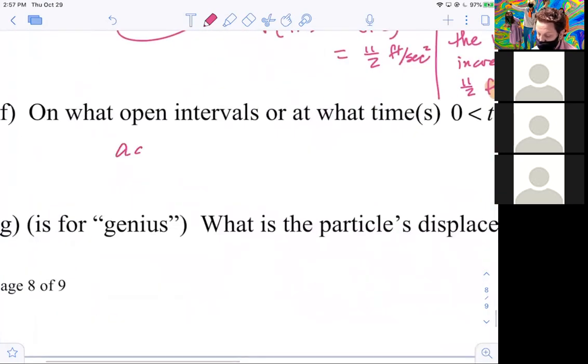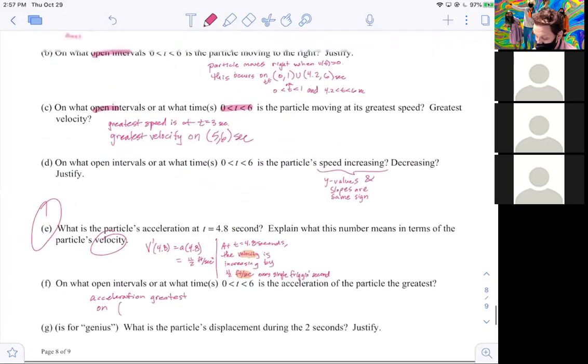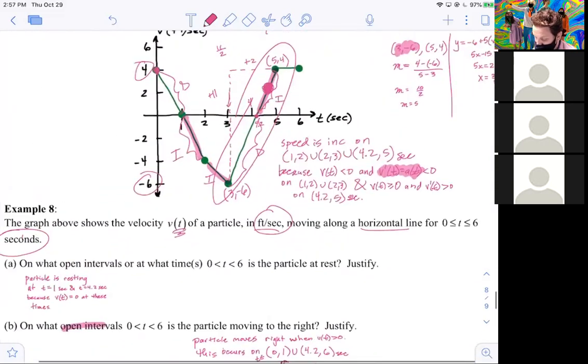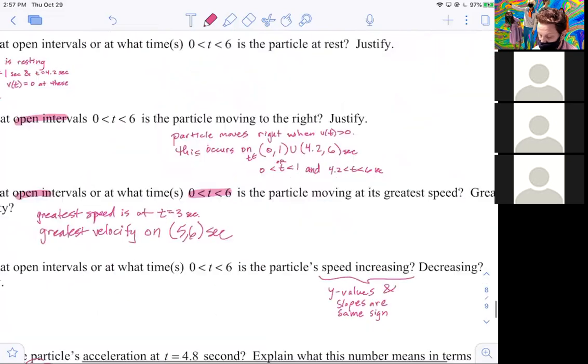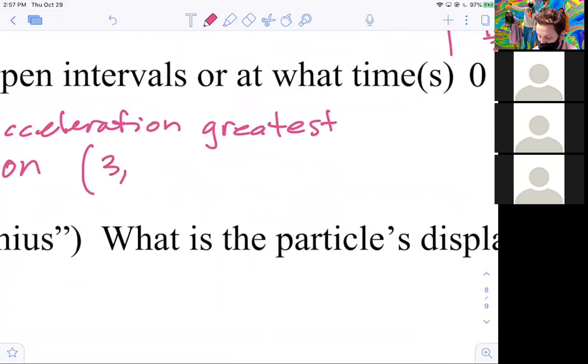So acceleration, complete sentence again, caveman style. Acceleration greatest. Unga bunga. How do you spell unga bunga? At or on, yeah, unga bunga on. And dang, see, I forget again. Tunnel vision. That's a good Foreigner song if you like classic rock. But it's double vision, sorry.